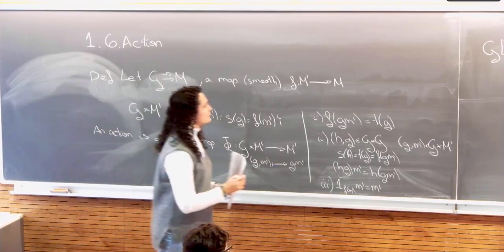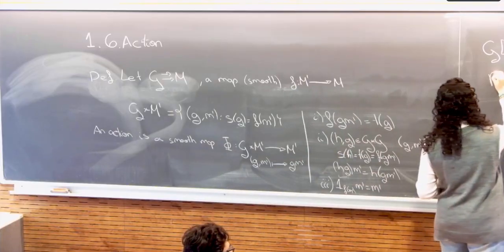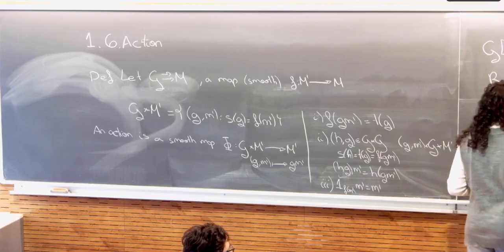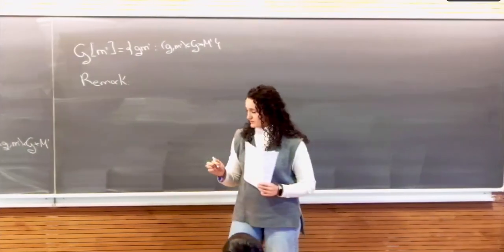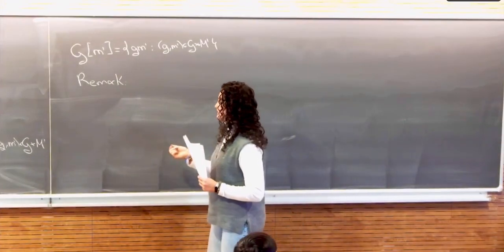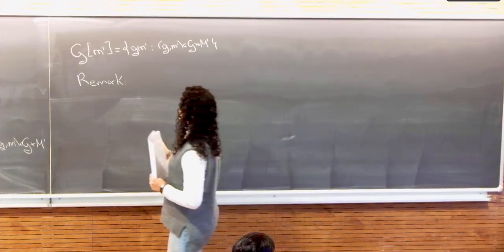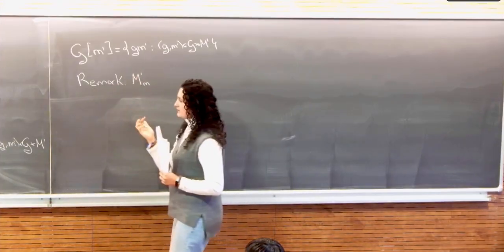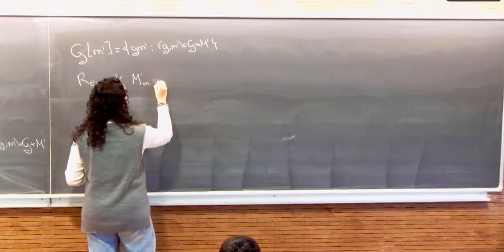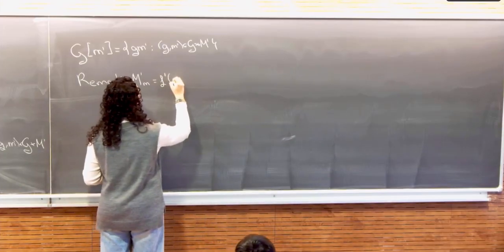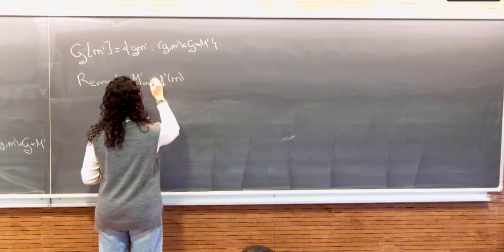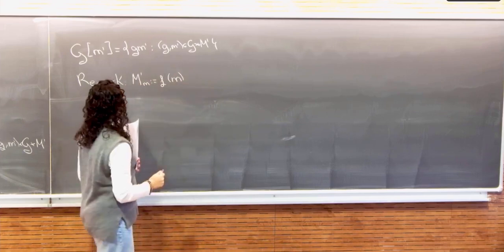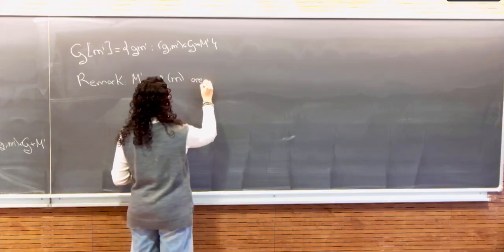So with the full generality of the definition, the fibers of n prime, which are the preimages by F, are not manifolds.